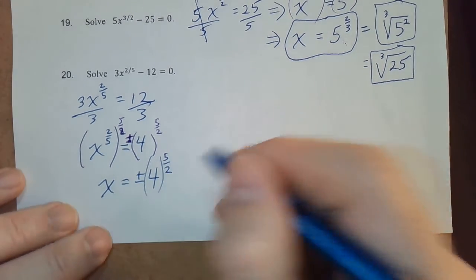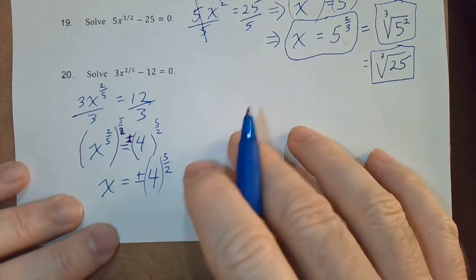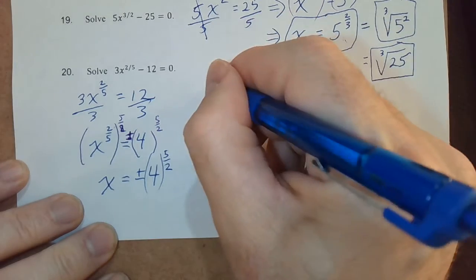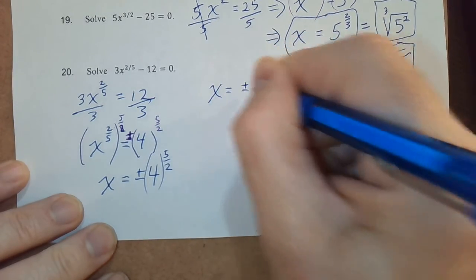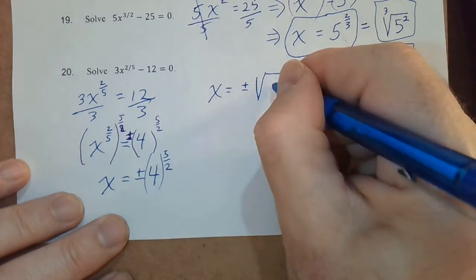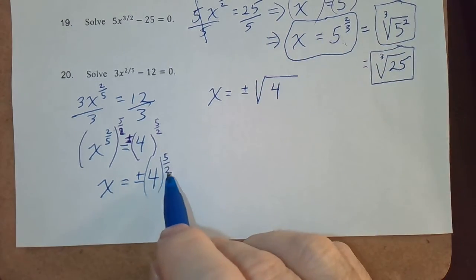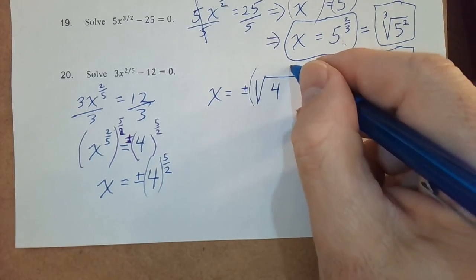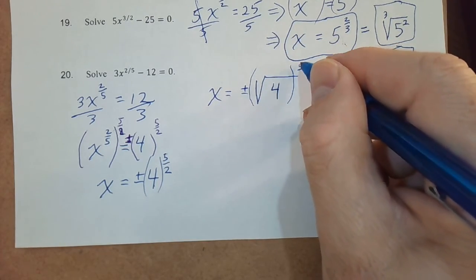All right, so let's write this as radicals and see if there's a way that we can simplify it. And I think there is. x is equal to plus or minus. What goes in the radical is the 4 underneath it, and then it's a square root, and it's raised to the 5th power.